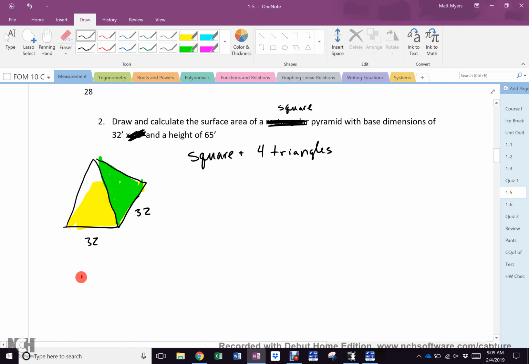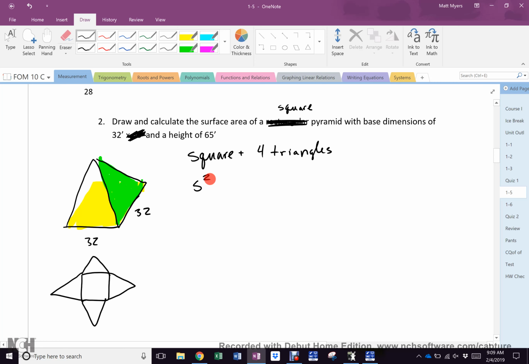Because if I unfold this thing, I get a square and 4 triangles, don't I? Everyone agrees? Okay. What's the formula for the surface area of a square? Yeah, it's length times width, but since they're the same, it would be side squared, correct?